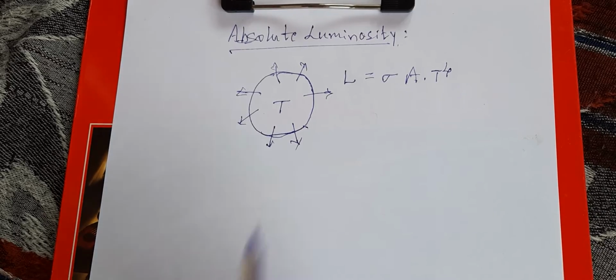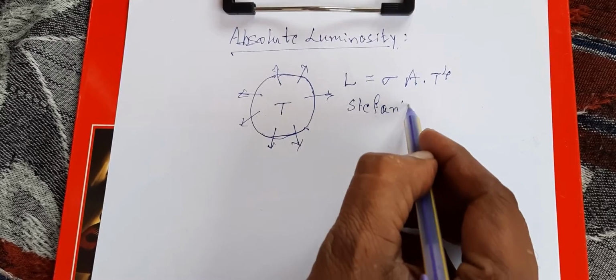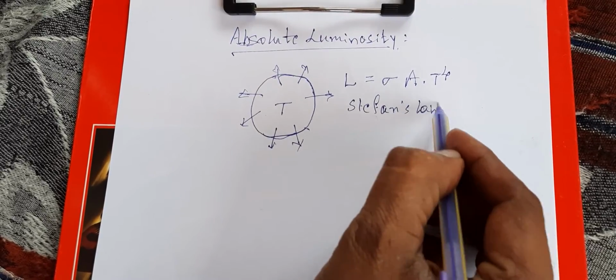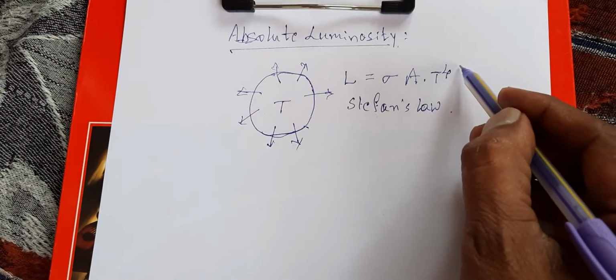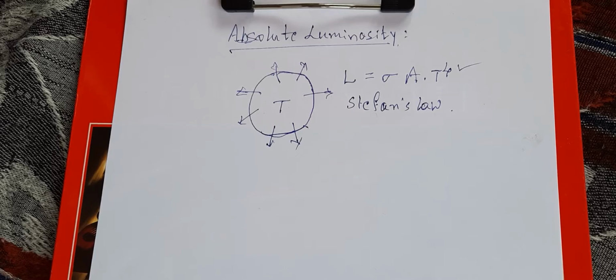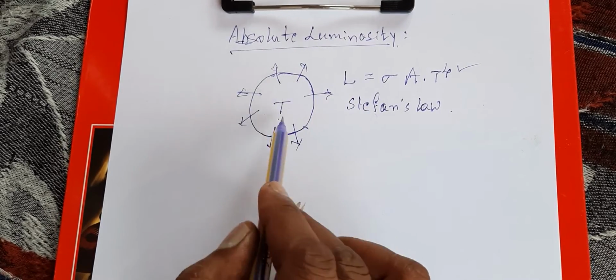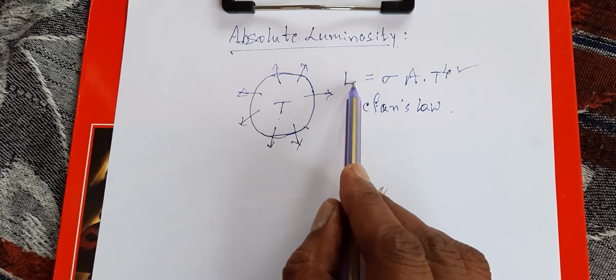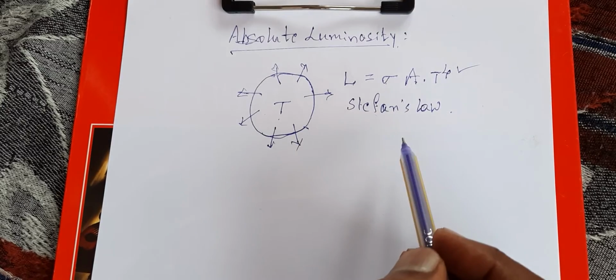Stefan's law says that the amount of radiation emitted from any hot object is directly proportional to the 4th power of the absolute temperature of that body. Now, if you take any star, the total energy radiated from the star, if you consider it as L, is equal to sigma A into T to the power 4.